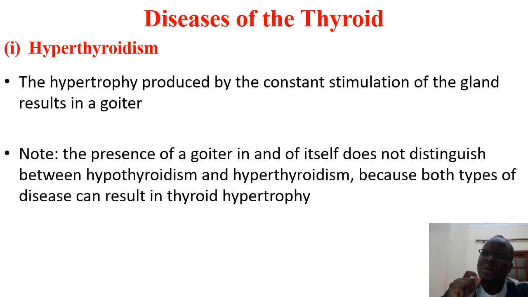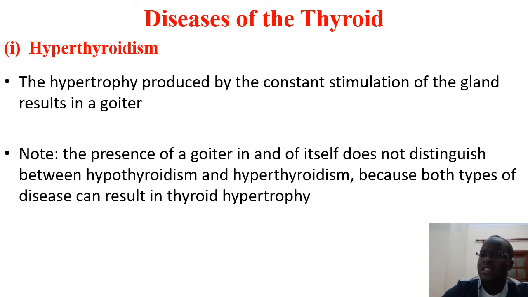You can only come up with a definitive diagnosis when you measure the concentration of these hormones in plasma. If you have a goiter and you have an increase in the production of thyroid hormones, then you are good to conclude this is hyperthyroidism. But if you measure the concentration of these hormones and you realize the concentration is low, then you'll be dealing with hypothyroidism.